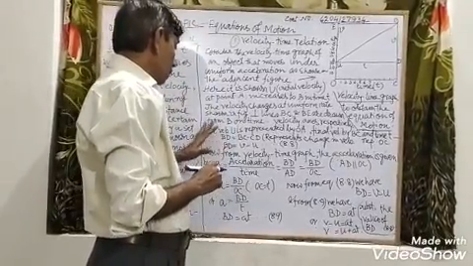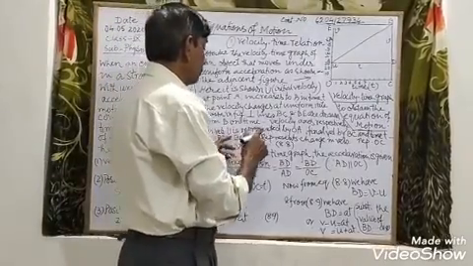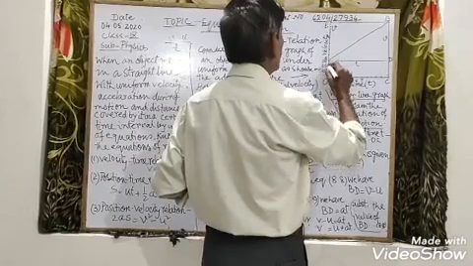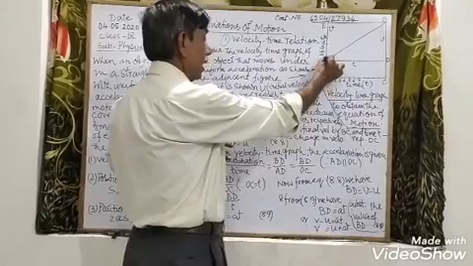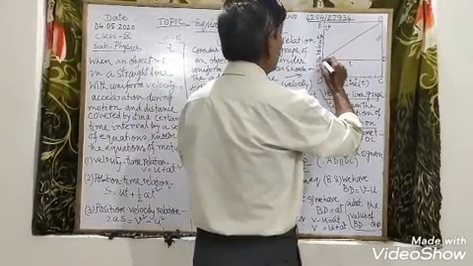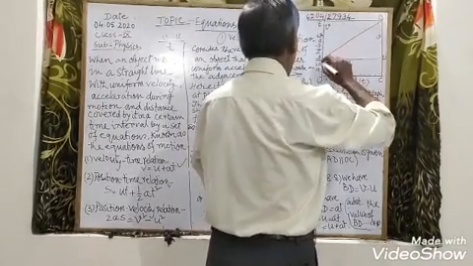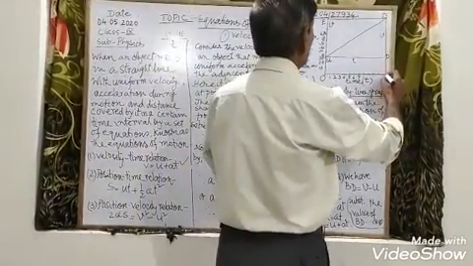Now, the initial velocity u is shown by OA. And the final velocity is shown by BC.